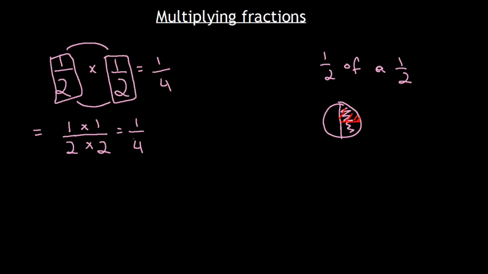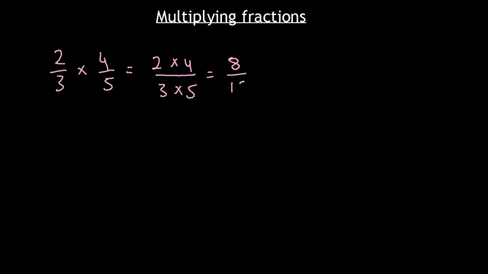Now let's look at something a bit more complicated. Let's have a look at another example. So this time we're going to be looking at 2/3 times, say, 4/5. So again, the same principles apply. We just multiply across. So this will be 2 times 4 over 3 times 5. 2 times 4 is 8, and 3 times 5 is 15.